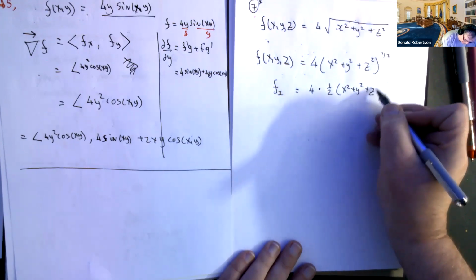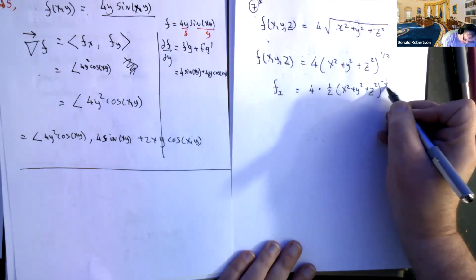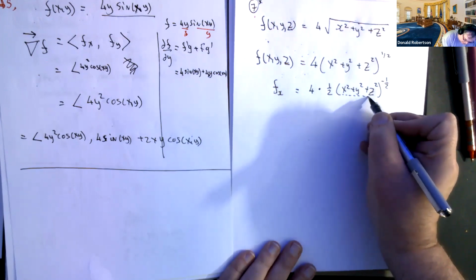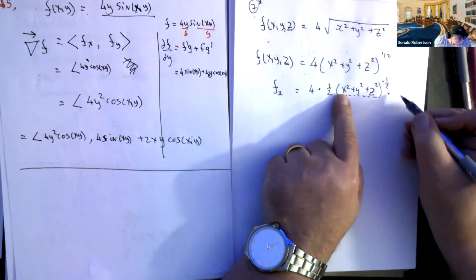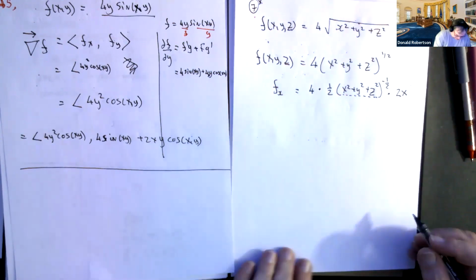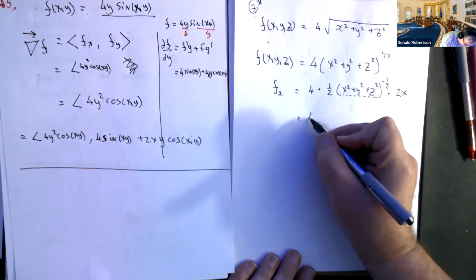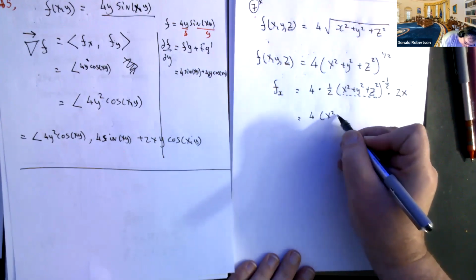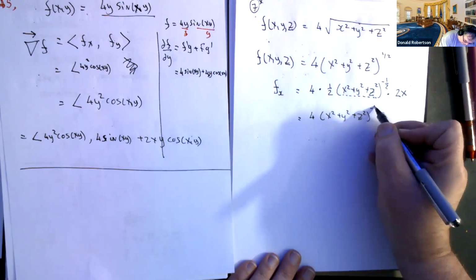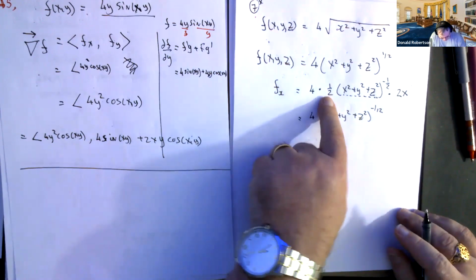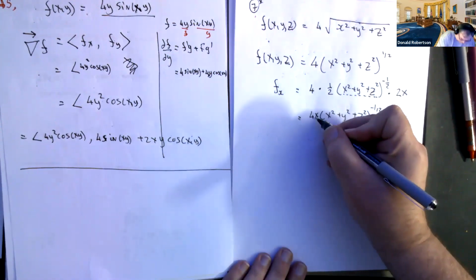And then you multiply by the derivative of the inside function with respect to x, which is that guy. And you are now looking at that, because the half and the 2 cancel off, and so x over here.